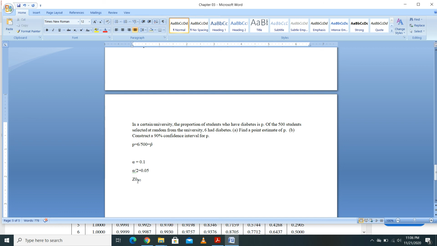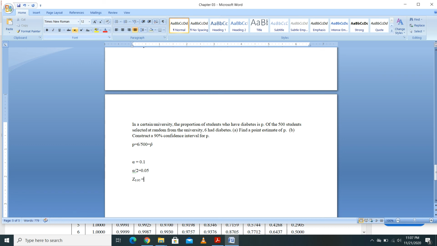So that is what we meant by that. So actually this is at 0.95 value, that is a commonly used value in statistics.